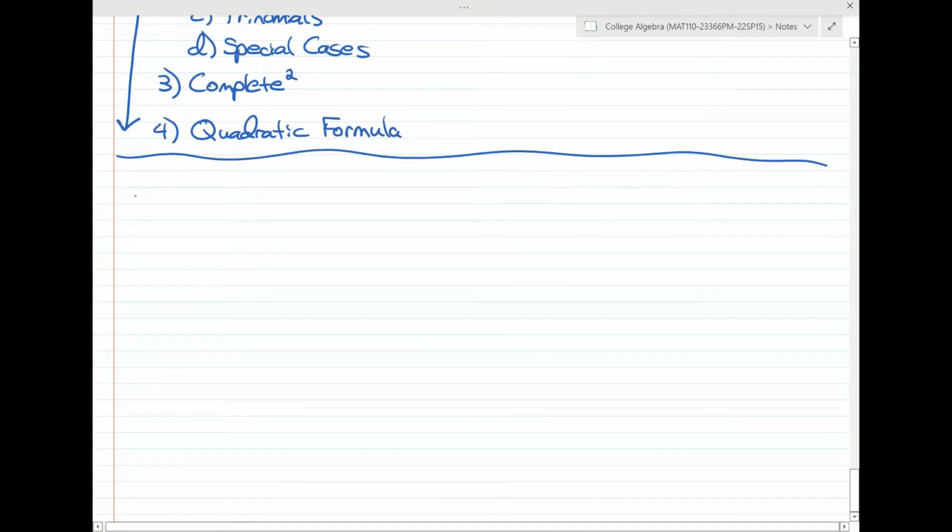So, completing the square is tedious, and it's not that fun.